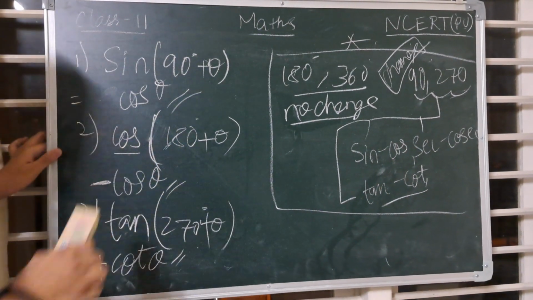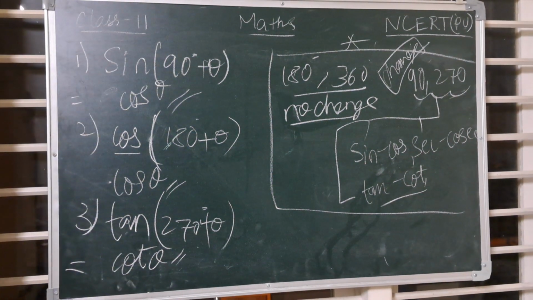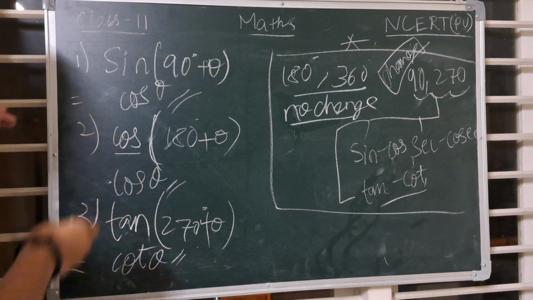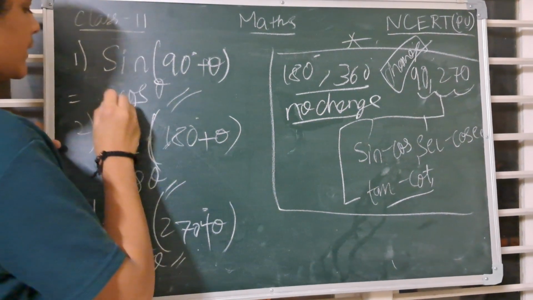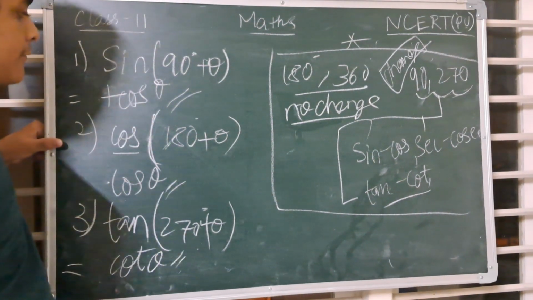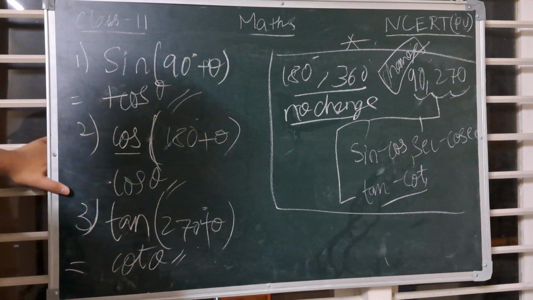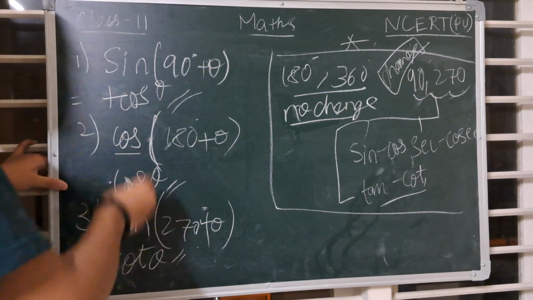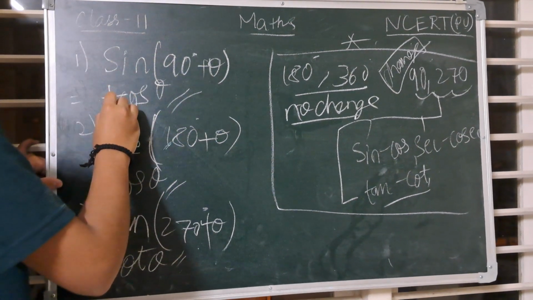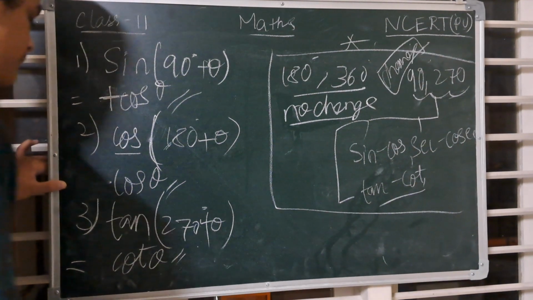So we get sine of 90 plus theta as positive itself, because 90 plus theta means second quadrant. In the second quadrant, sine and cosecant are positive. So we'll get the answer as positive cos theta.